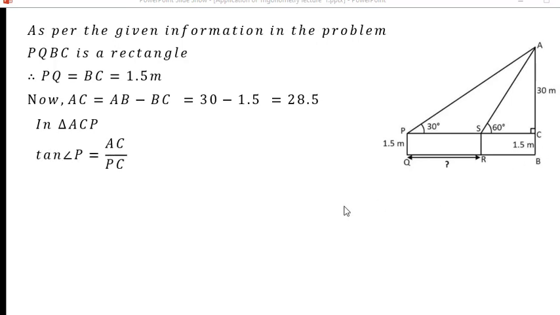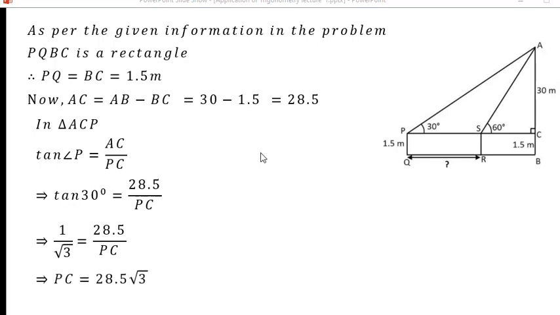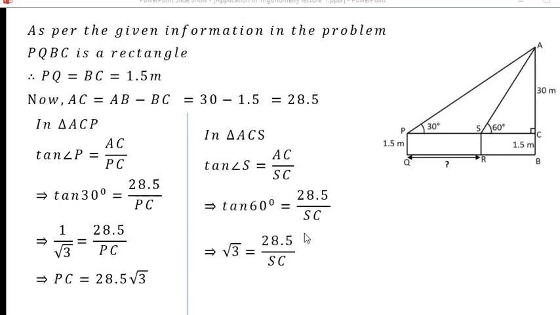We are going to use tan of angle P. Tan of angle P, that is tan 30 degree, is equal to AC, which is 28.5, divided by PC. That gives me the value of PC. After solving, I get the value of PC as 28.5 root 3 meter. So PC we got. In the same way, we will take triangle ACS, and in this triangle ACS, we will find the value of SC.